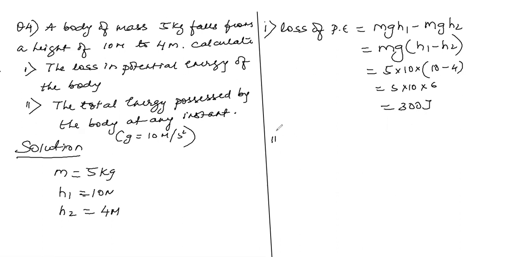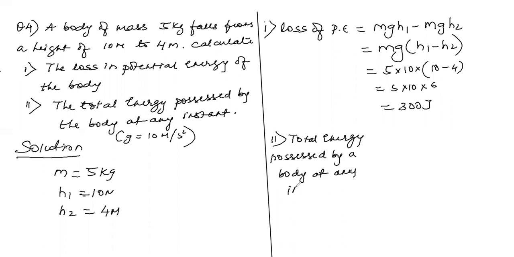Now, what is the second part of the question? The total energy possessed by a body at any instant is equal to the potential energy of the body at the top, that is, at maximum height.